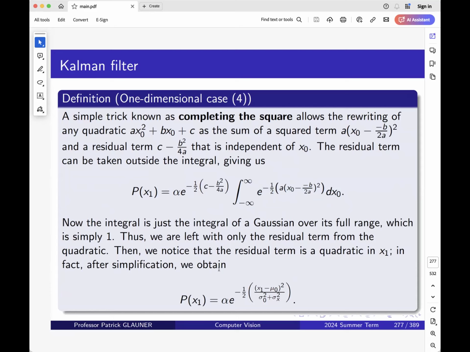And then we notice the residual term is quadratic in x1. And after we apply our completing the square and simplify it a bit, we get to something like this.